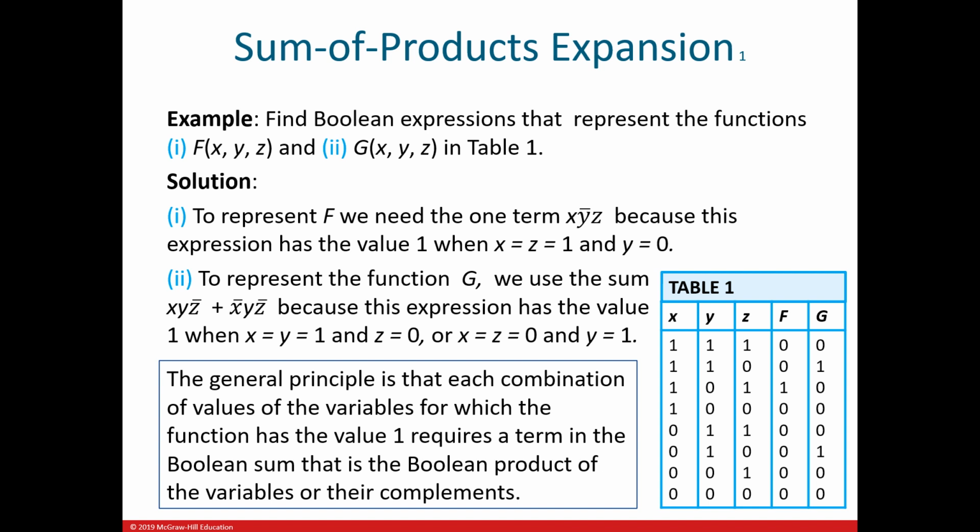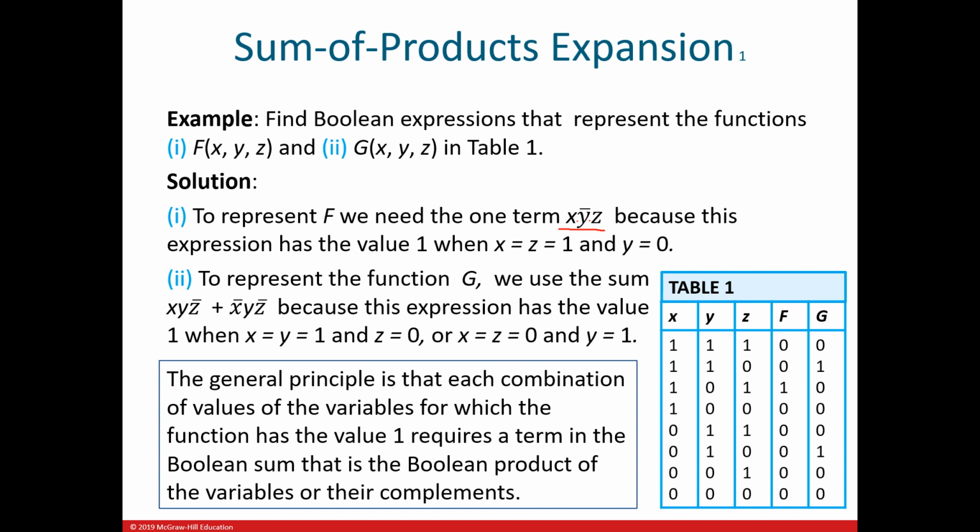So if we have a function given as x, y complement and z, it is a product, even if they haven't shown the dot here. Sometimes we can use the dot, and if we don't want to use it, that is also fine.